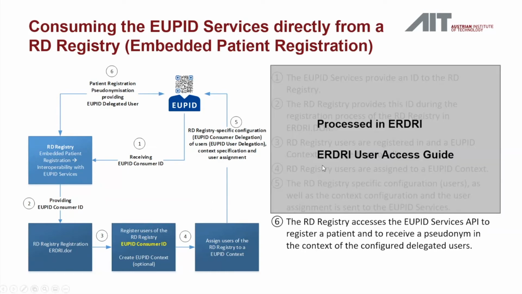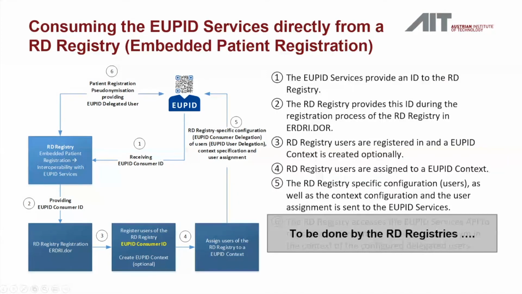So again, steps 1 to 5 are done by ERN. Whatever there is to do, like the rare disease registration and entering users, is specified in the ERN user access guide. This is provided by JRC, and all the other things have to be done by the rare disease registries on their own.